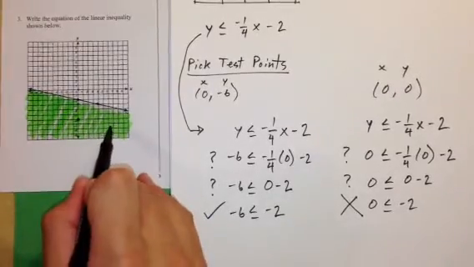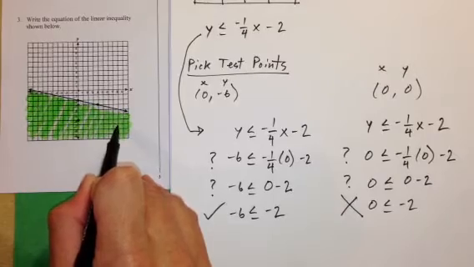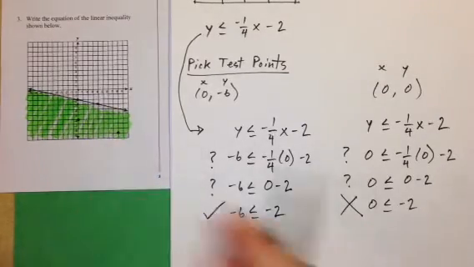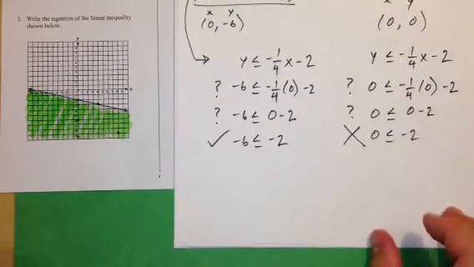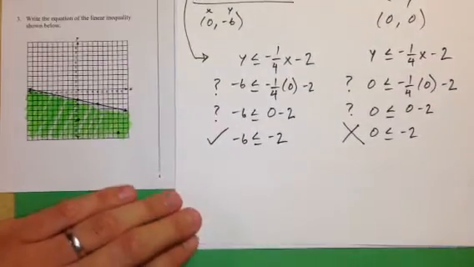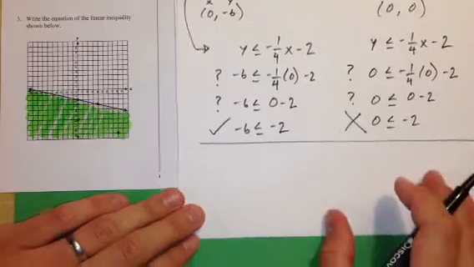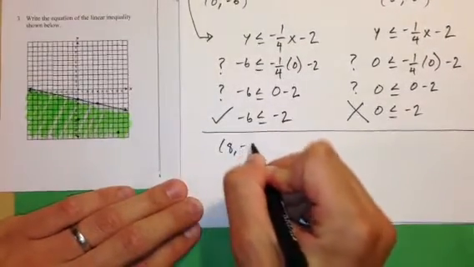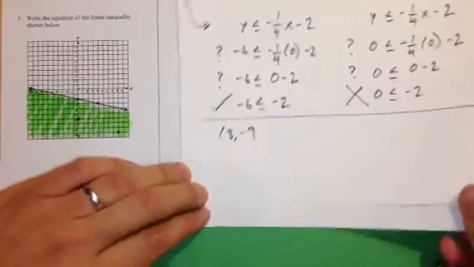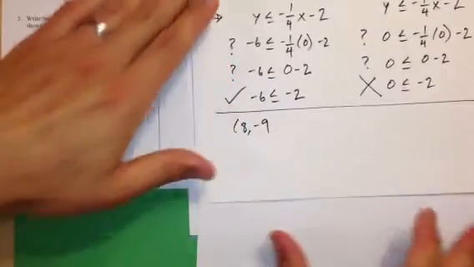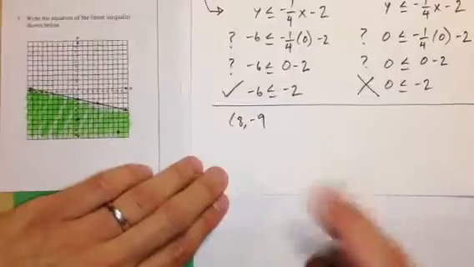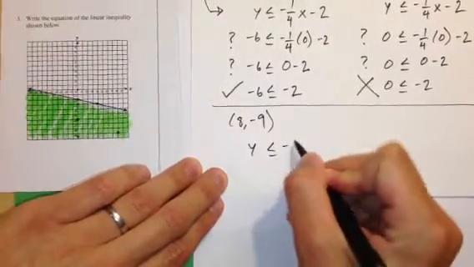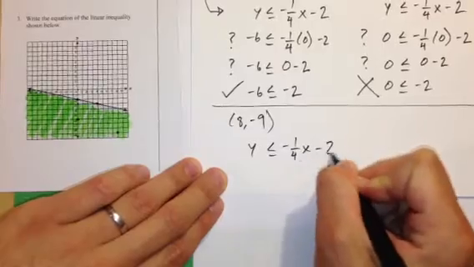We could pick this point right here, which is (8, -9). If we use it as a test point, it should make the inequality true. Let's try that real quick. y is less than or equal to -1/4 x minus 2.